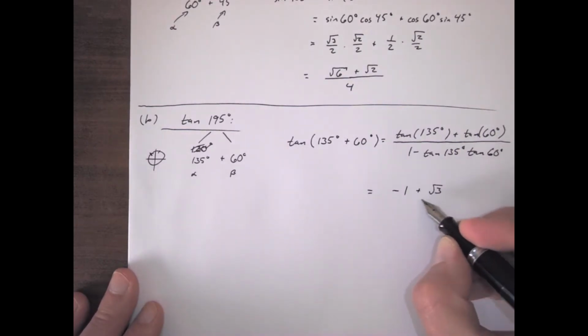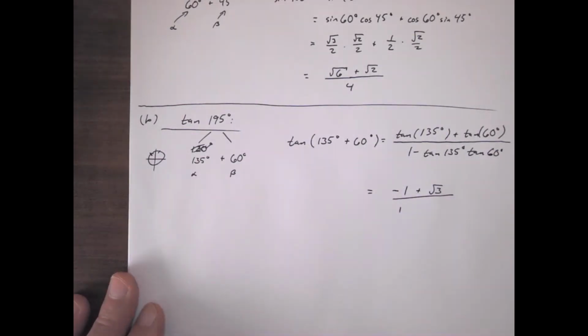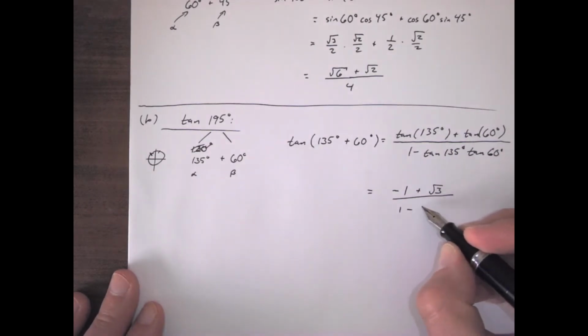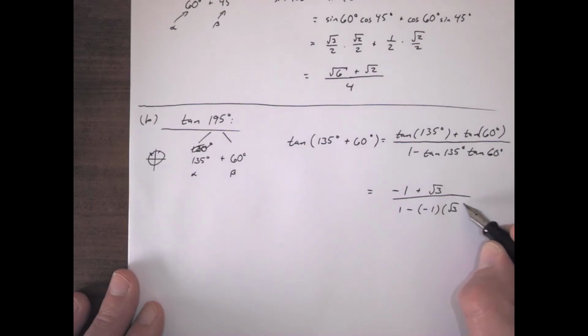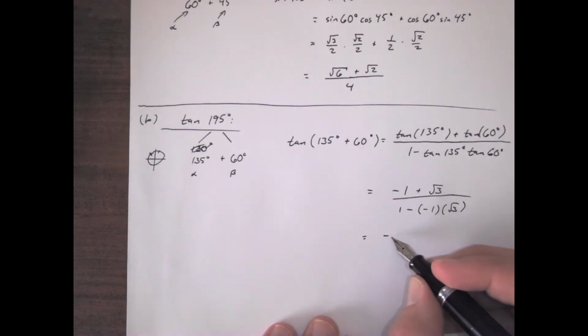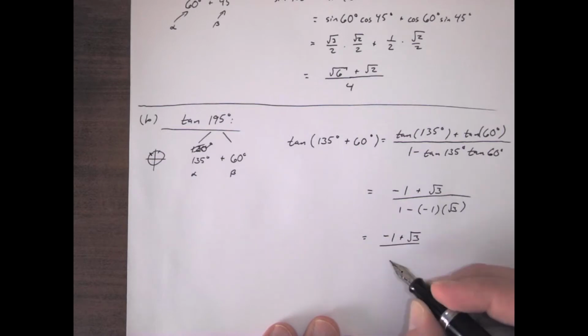So negative 1 plus root 3 divided by 1, and then in the denominator here, we've got 1 minus negative 1 times, and the tangent of 60 once again was root 3. And so what we have here is negative 1 plus root 3 divided by 1 plus root 3.